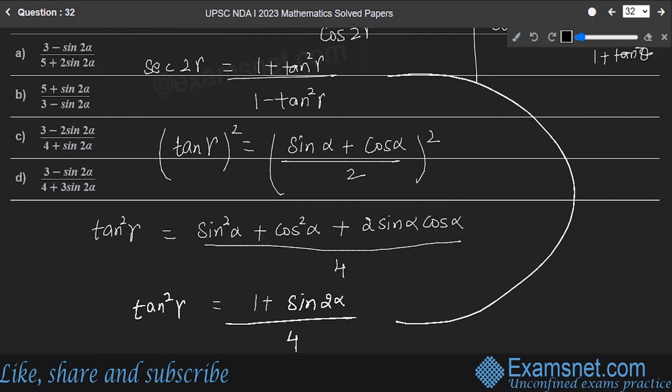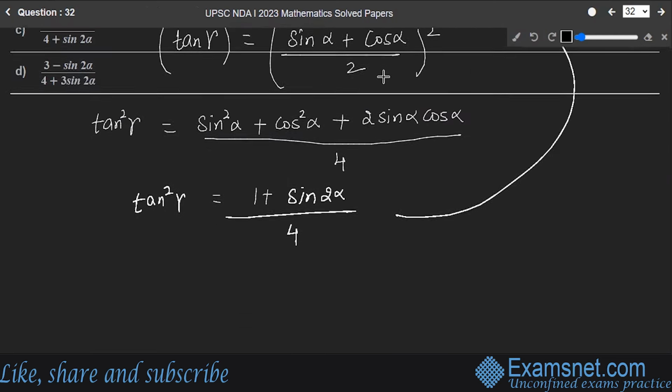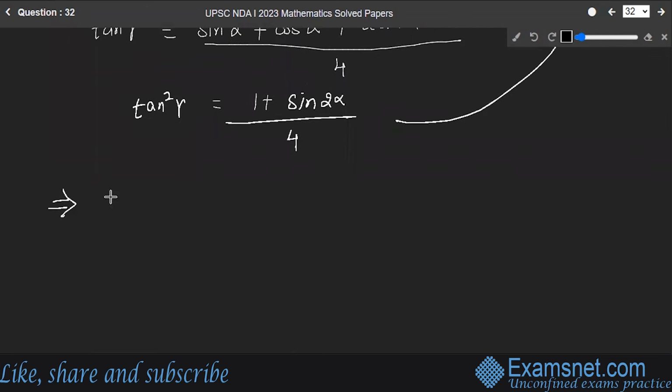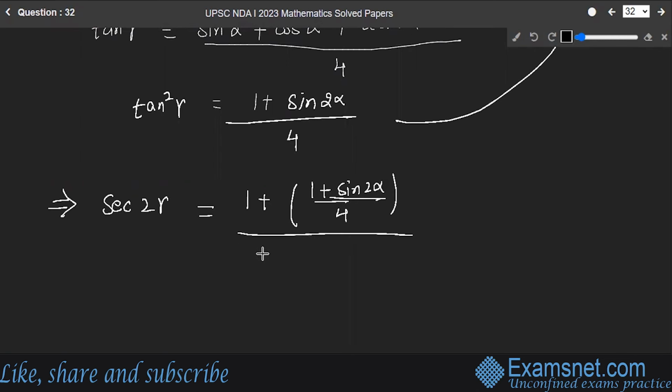Now let's fill in this thing, tan square gamma here. You will have secant 2 gamma is equal to (1 plus (1 plus sine 2 alpha) upon 4) whole divided by (1 minus (1 plus sine 2 alpha) by 4).